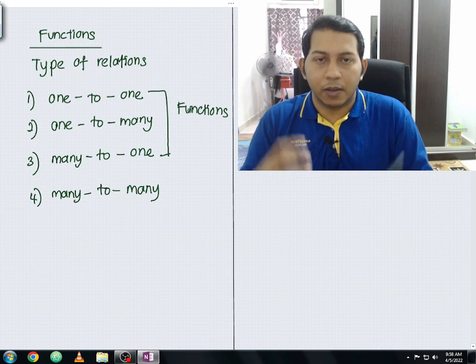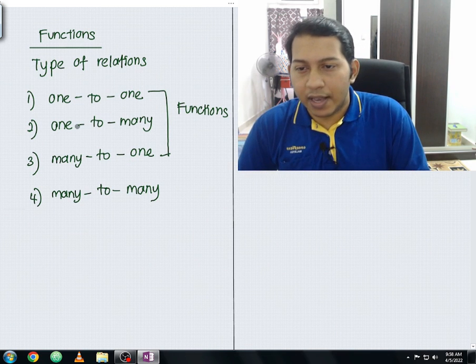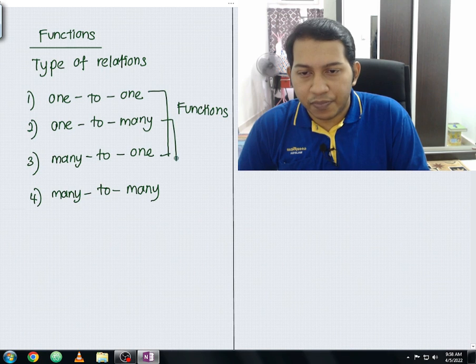This is how a proper function works. Whereas one-to-many and many-to-many are not functions.